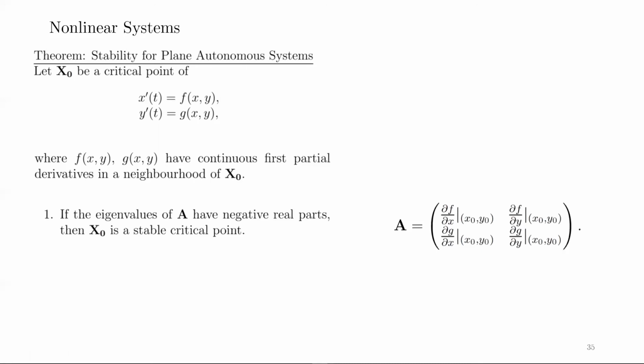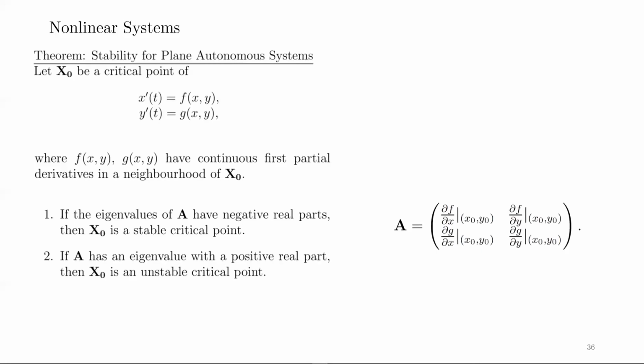The first point here is that if the eigenvalues of the matrix A, that Jacobian matrix A, have negative real parts, then x naught is a stable critical point. This is very similar to the linear case, where if our eigenvalues had negative real parts, then we had a stable critical point. But also, if A has an eigenvalue with a positive real part, then the critical point is unstable. Again, that's fairly similar to the linear system case.